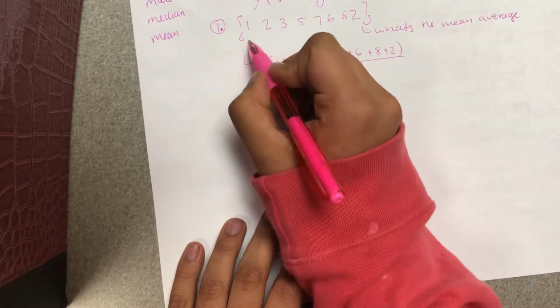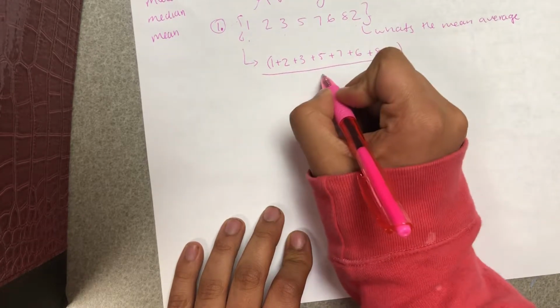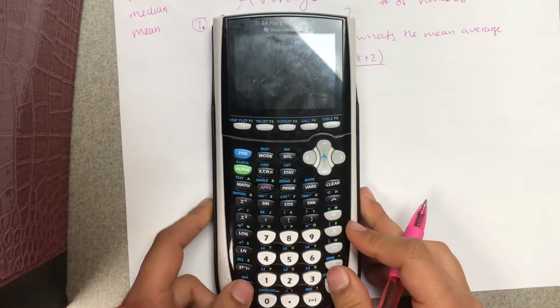So the amount of numbers is 1, 2, 3, 4, 5, 6, 7, 8. There are 8 numbers.